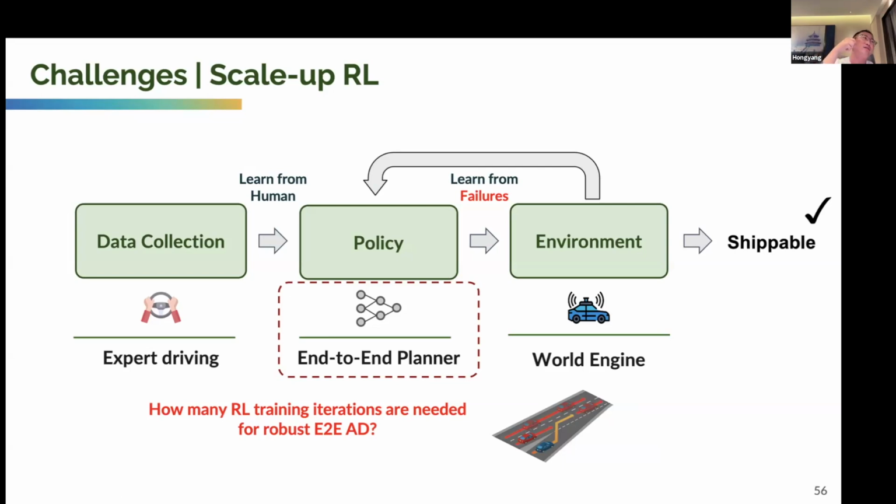You can leverage unlabeled data and pile up large-scale data to learn more, to drive like a human without resorting to many intermediate perception or other intermediate modules. So how many RL training iterations are needed for robust end-to-end autonomous driving, whether you call it L4 or L5, whatever the engineering people or the industry define?